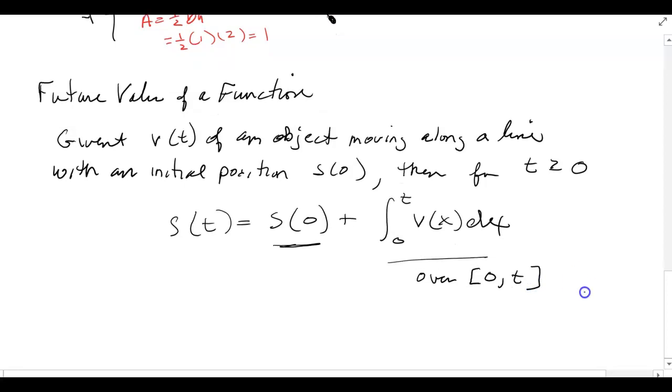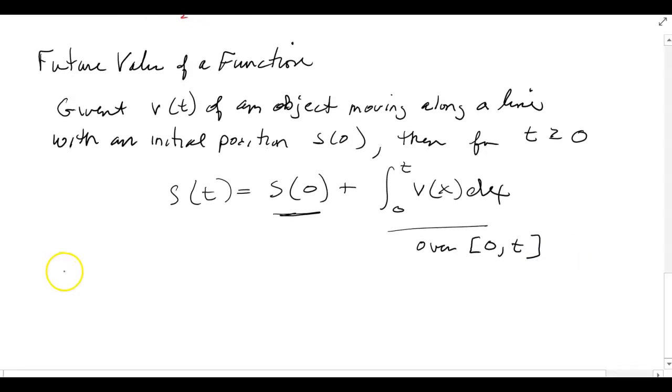You can also use this same idea to get a velocity function from a given acceleration.